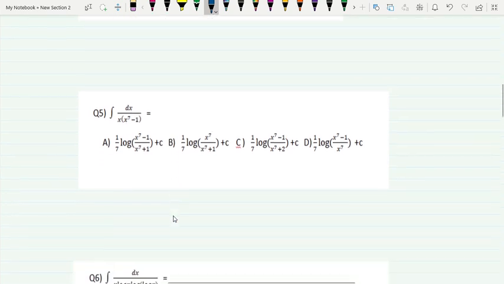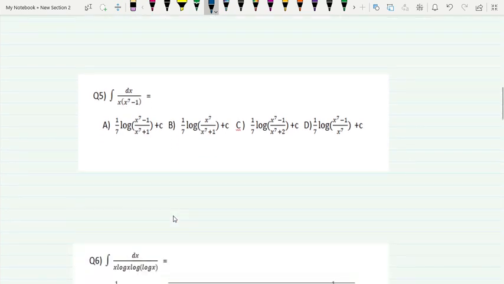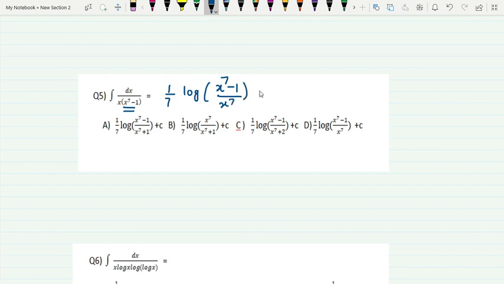Now let's see question number 5, which is again on integration. Wherever such an integral is there, look at this x raised to power 7. So its answer we should write here as 1 by 7 log of, here there is a minus, so x raised to power 7 minus 1 upon x raised to power 7, plus c.